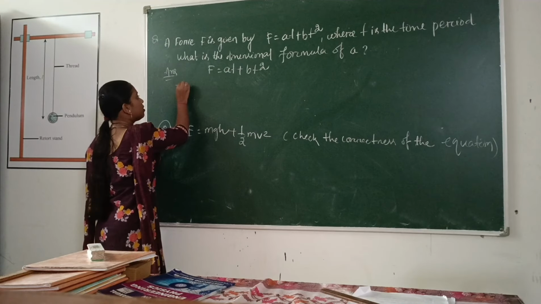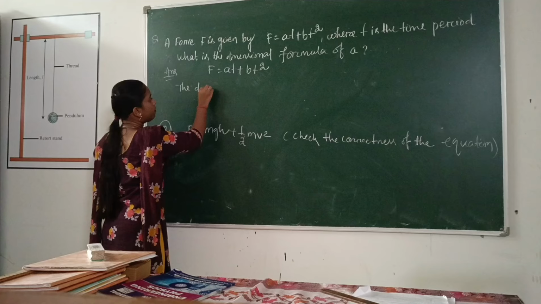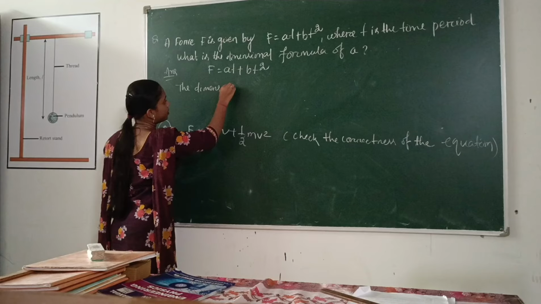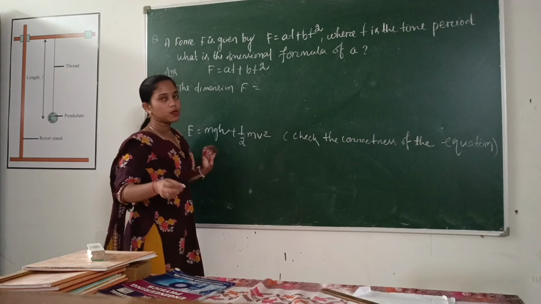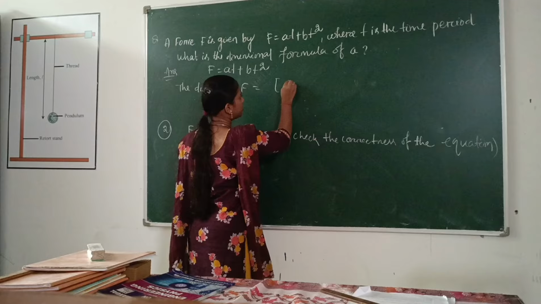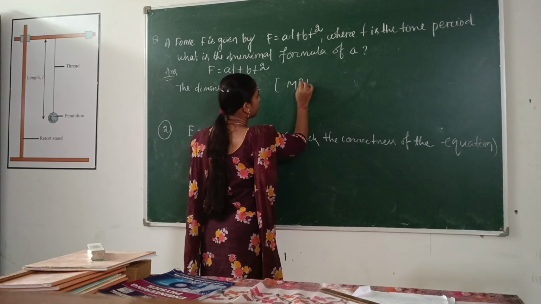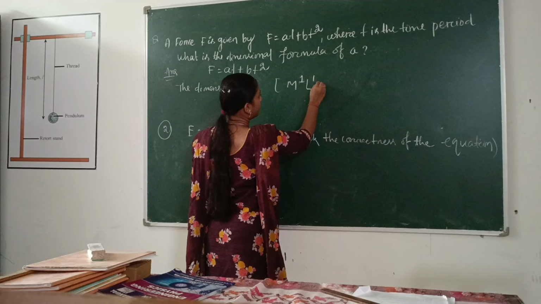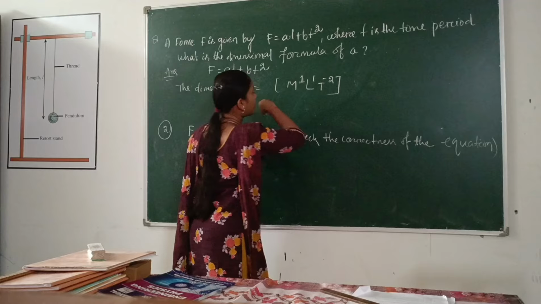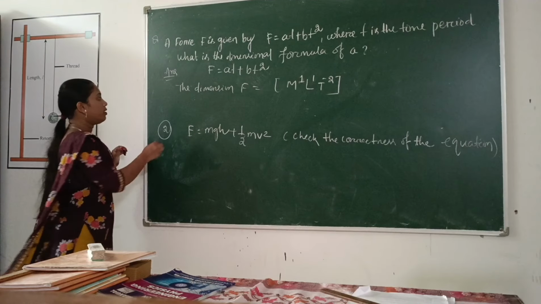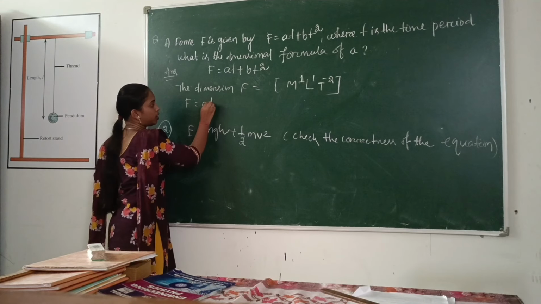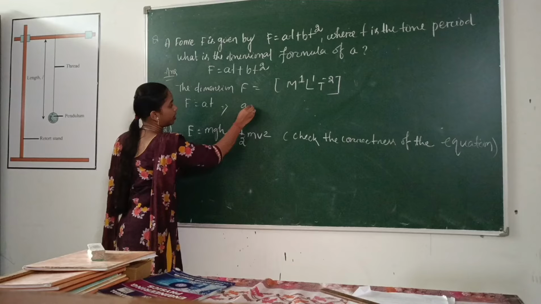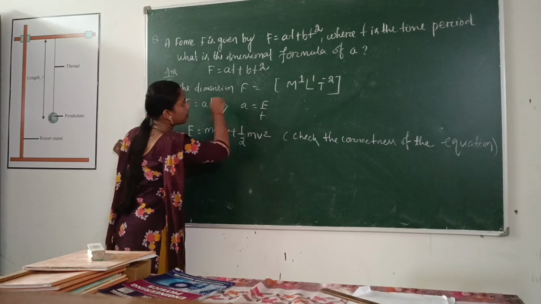So the dimension of F is force. I can write the dimension of force, that is m0, m1, l1, t to the power minus 2. So if F is equal to a into t, then a is equal to F by t.